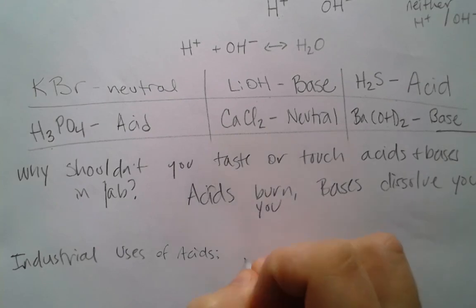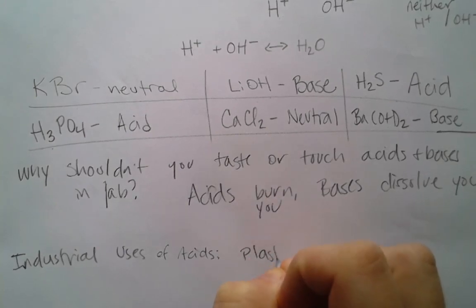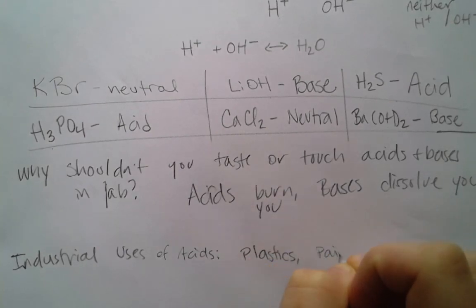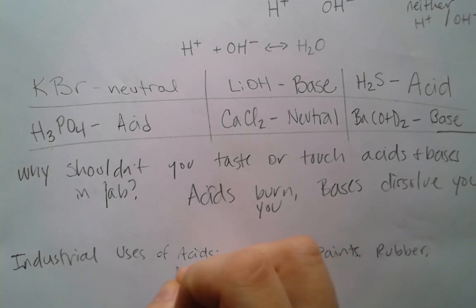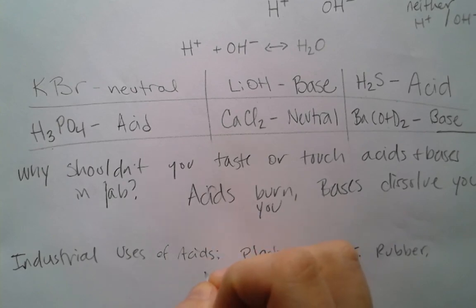For example, plastics, paints, rubber, synthetic fabrics are made using acid as a key step in the synthesis reaction.